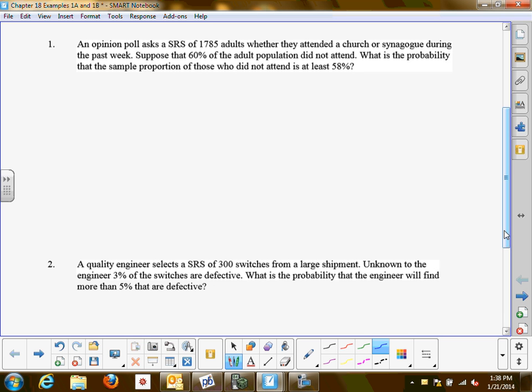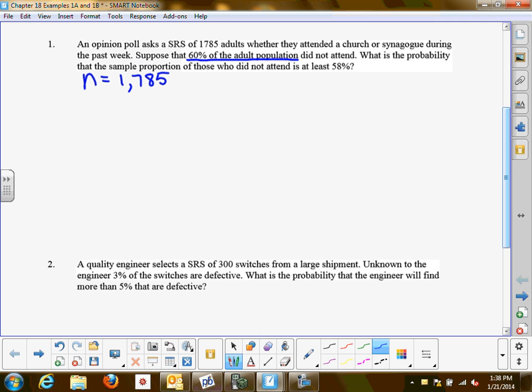Population? No, that is not the population. That's the sample. That is your sample size. They took a sample of 1,785 adults. They asked them if they had attended a church or synagogue this past week. And suppose that 60% of the adult population did not attend. What is that? That's the mean. Aha! This is saying 60% of the adult population.